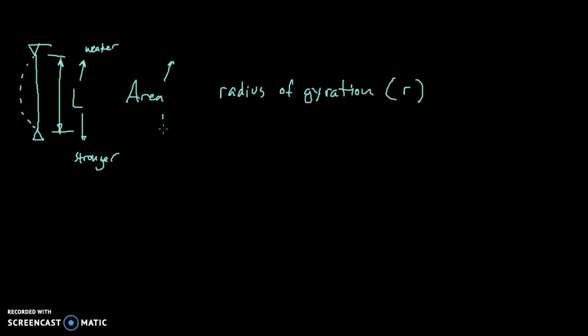A larger area makes for a stronger column, smaller area makes it weaker. And with radius of gyration, larger equals stronger, and smaller equals weaker.